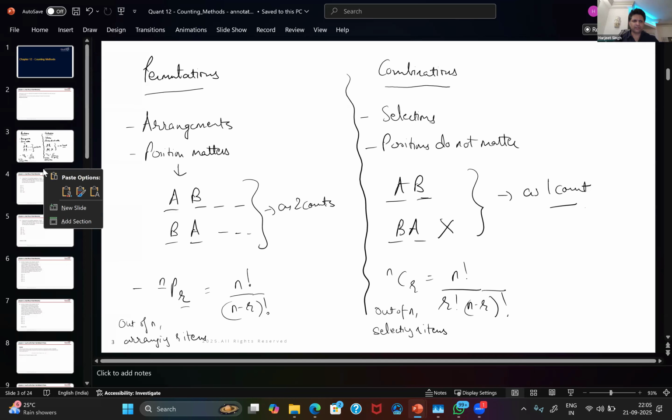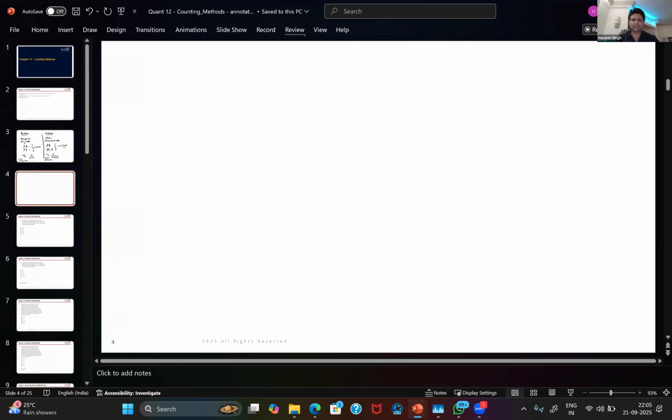Examples of how to calculate. Suppose I give you 6P2, so that should be calculated as 6 factorial divided by (6 minus 2) factorial. Now, what is factorial? n factorial is basically the number multiplied by all the subsequent numbers below it, all the way till 1.